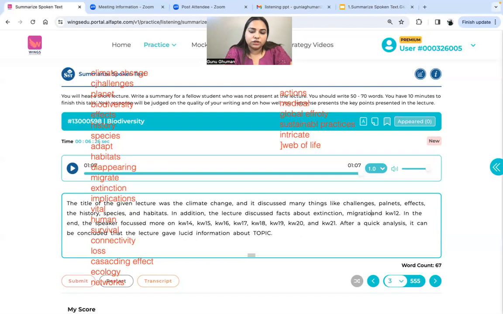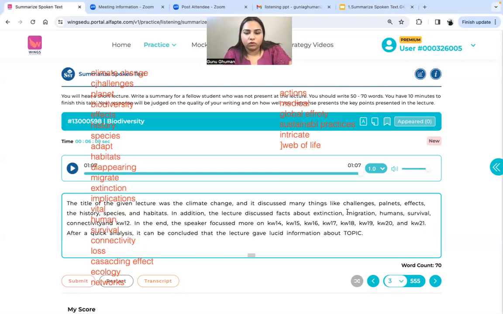I'm converting my migrate into noun. Human survival, connectivity, so, comma, and I can put one more word, losses.